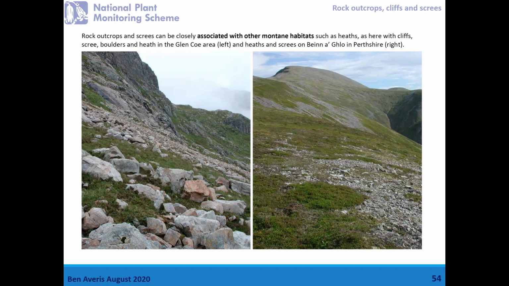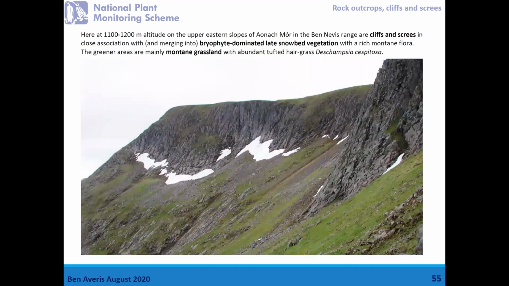So the next picture has got more high altitude again. Actually, this is up in the Ben Nevis range, where there are cliffs and screes associated with snowbed vegetation, what we call late snowbed habitats, where the snow lies longest. They've got their own plant communities, which are mainly very small plants, a lot of mosses and liverworts, and little dotted things like stiff sedge and little dwarf willow.